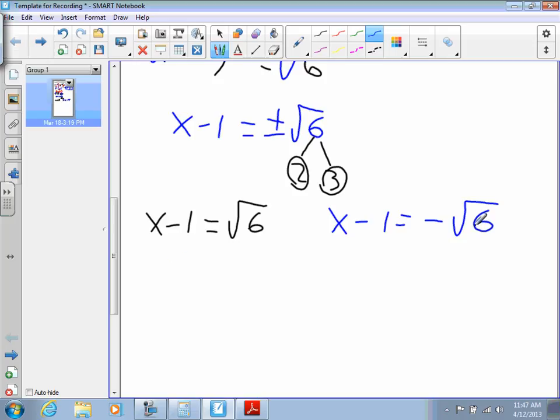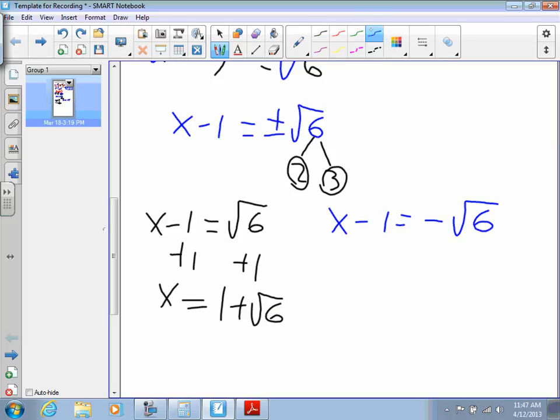I will now add 1 to both sides, giving me x equals 1 plus the square root of 6.